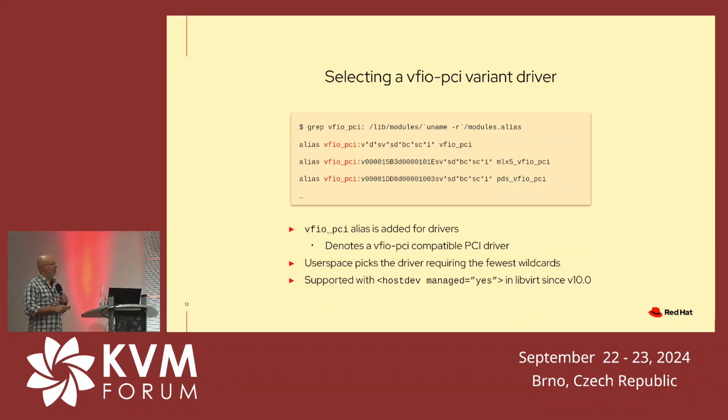Here we're showing some examples where vfio-pci provides full wildcards, while the MLX5 provides a vendor ID and a device ID. Same with the PDS driver. So user space essentially needs to go through the aliases for a device and pick the one that's the best match. And this has already been added to libvirt. So if you have a managed=yes device using libvirt 10.0, then libvirt will automatically go through and find the most appropriate driver for the device.